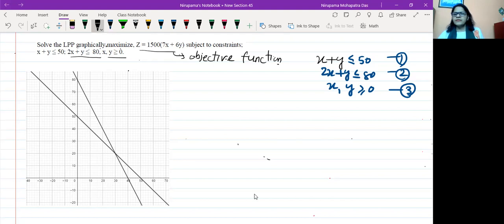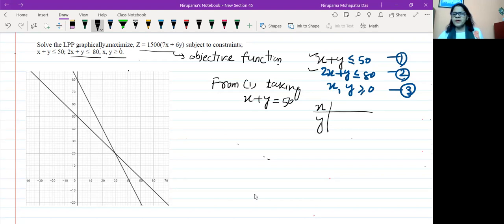Okay, and what about these two? While drawing the graph, you have to take them one by one, taking x plus y equal to 50. We can take some points. If I take x equal to 0, I am getting y equal to 50, and y equal to 0, x equal to 50. Then I am drawing the graph.